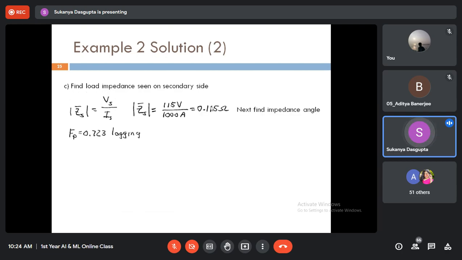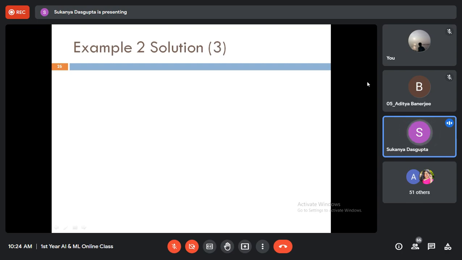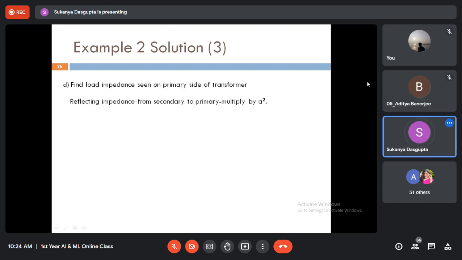And next, the impedance as seen from the secondary side, Vs by Is. This is the load impedance of the secondary side, the secondary voltage divided by secondary current. That is the load impedance of the secondary. And next, the load impedance referred to the primary side.